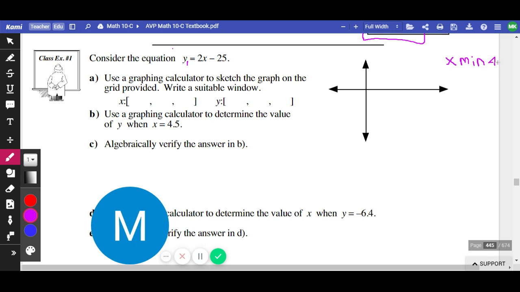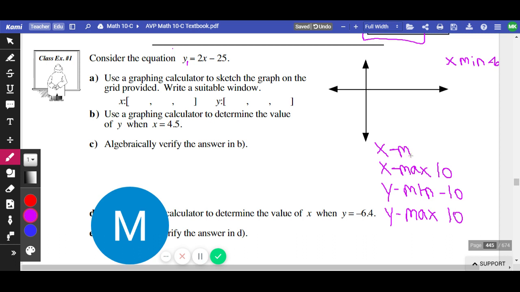For your X max, put positive 10. The scale, I just always leave at 1. For your Y min, put it at negative 10. For your Y max, put it at positive 10. I call that my standard window. That's how I start basically every question.